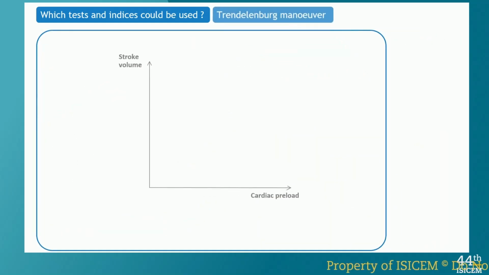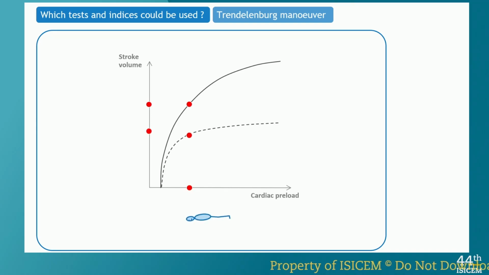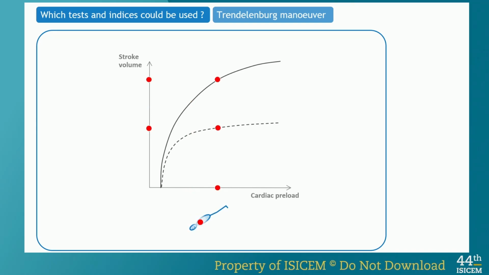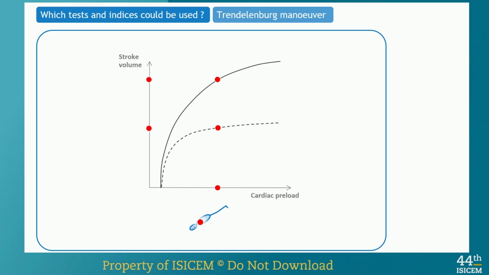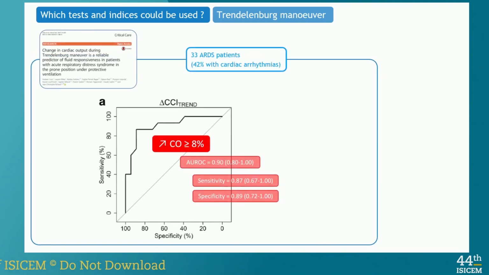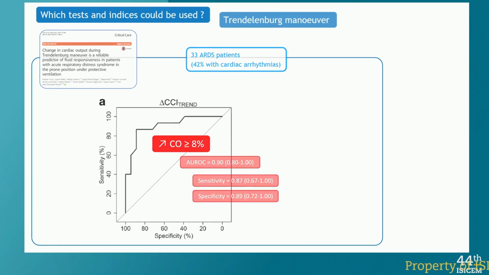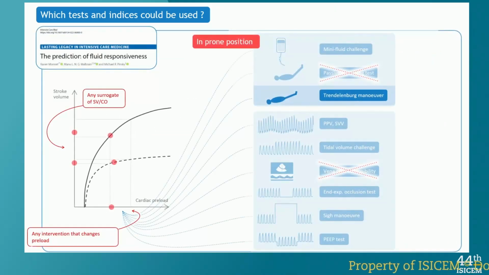When you put your patient in a Trendelenburg maneuver, you increase cardiac preload because you transfer some blood to the cardiac cavities. You change preload, just look at the change in cardiac output. And this other French team in Lyon with Jean-Christophe Richard showed that if cardiac output increased by more than 8% during Trendelenburg maneuver in prone positioned patients, fluid responsiveness may be well predicted.